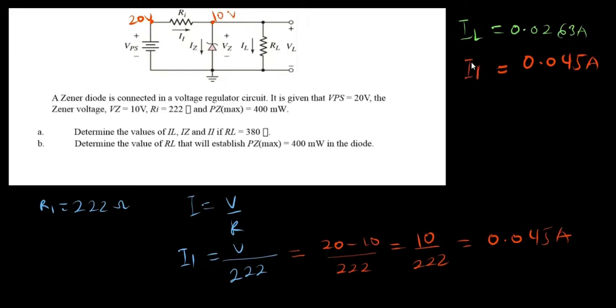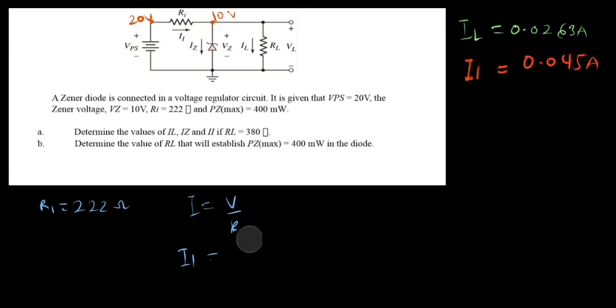Okay, that's the input current. Now that you know the input current, you can find the current in the Zener diode very easily using Kirchhoff's current law. You know that the current moving towards the node equals the sum of the current moving away from the node.